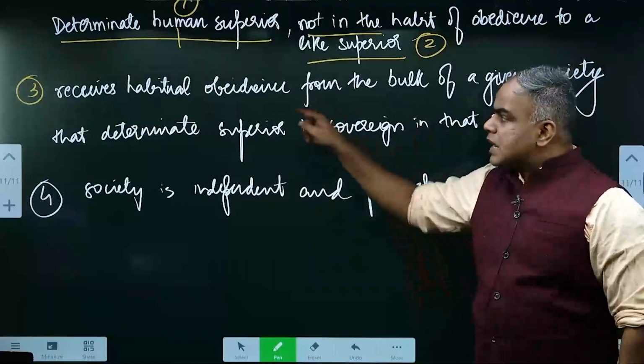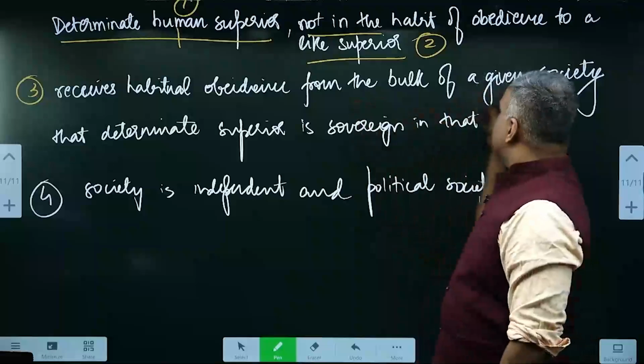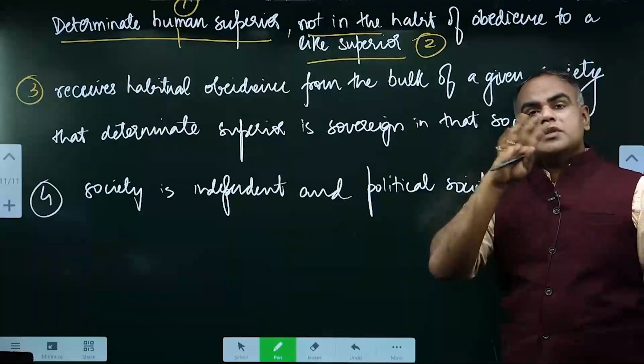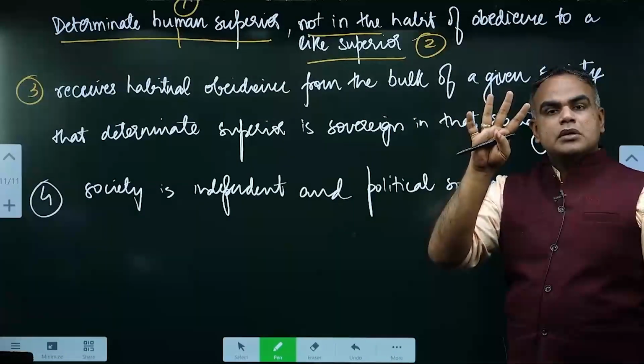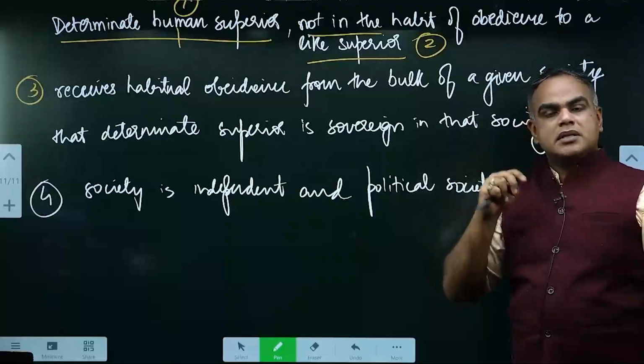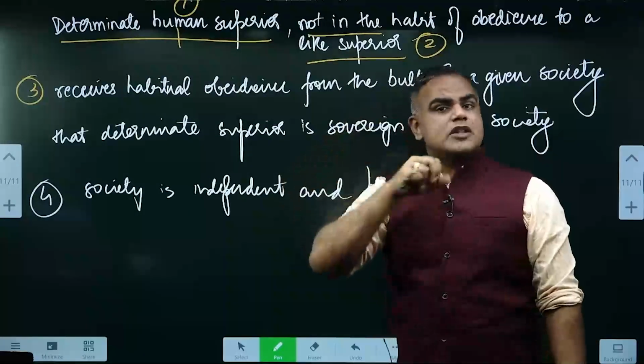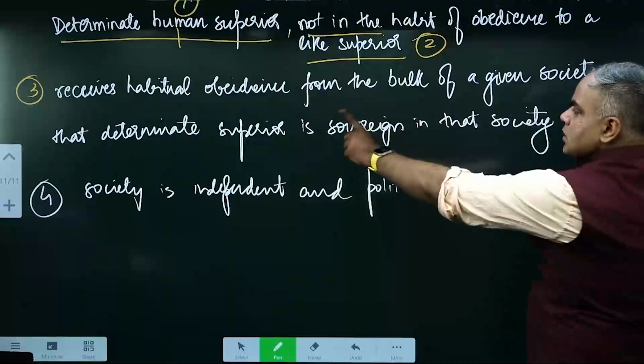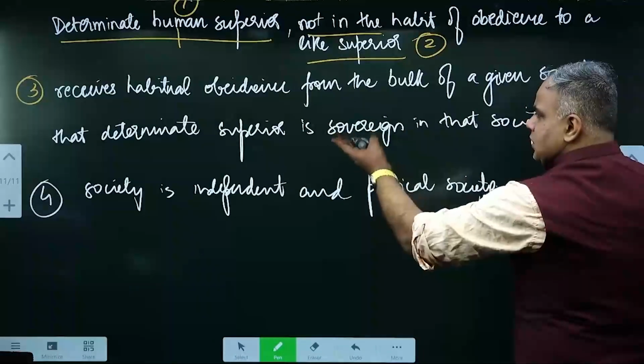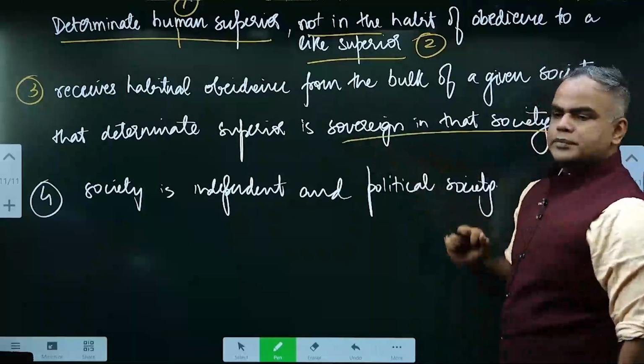It receives habitual obedience from the bulk of the given society. Think of the state. The people are obeying the state. The state is supreme. The state does not obey anybody else, and the state has defined authority. That determinate superior is sovereign in that state.